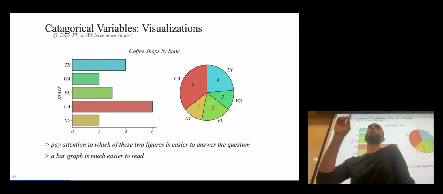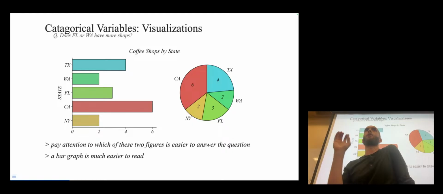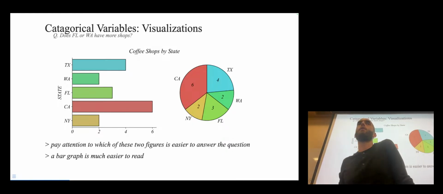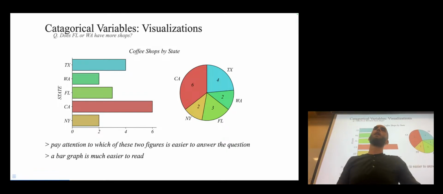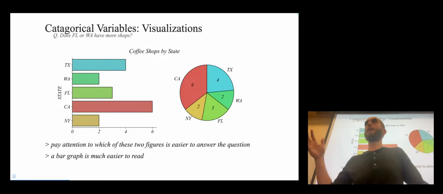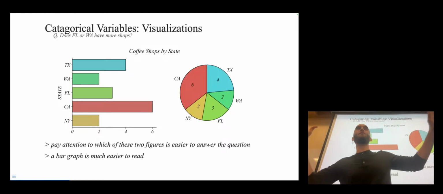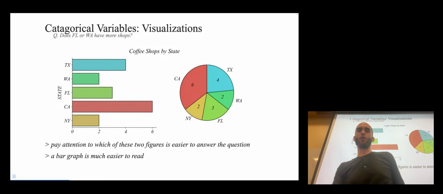I'm going to show you one example of when a pie chart could be equally good as a bar chart, but you'll basically never see pie charts in scientific work. We just basically never use them, to such an extent that the main visualization package that we will use in this class doesn't even have one built in because we just don't use them. I'll show you one example of when we do use them in a second.